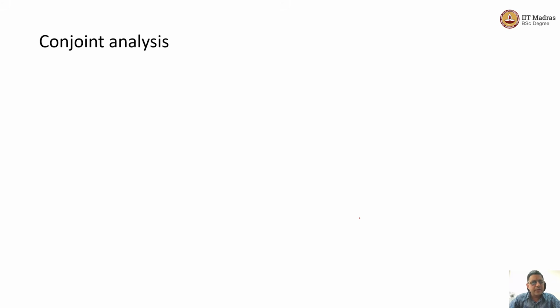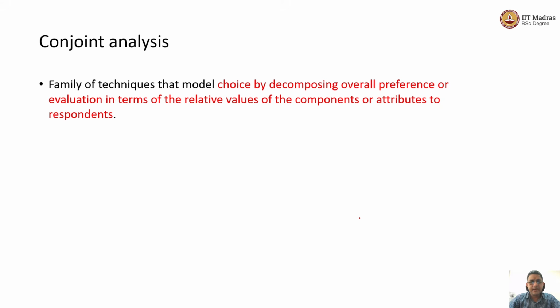So essentially, what is conjoint analysis? Conjoint analysis can be defined as a family of techniques. What are we trying to do? We are trying to model choices provided by the consumer. How are we going to do that? We are going to decompose the overall preferences or evaluation. The consumer has provided the overall preference or evaluation for a particular product, right? And how are we going to decompose?